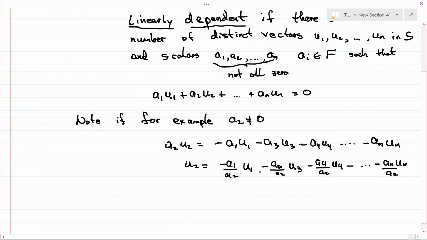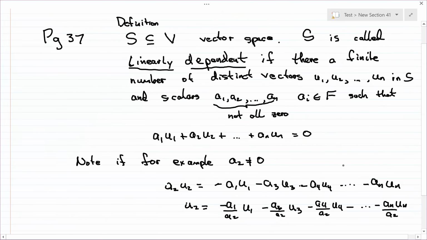And this is why it's called linearly dependent, because you can create this vector from the other ones. You can do this because A2 is not 0, so you can divide both sides, and you actually get U2 to be a linear combination of the remaining vectors. So that's the nice thing about this definition.